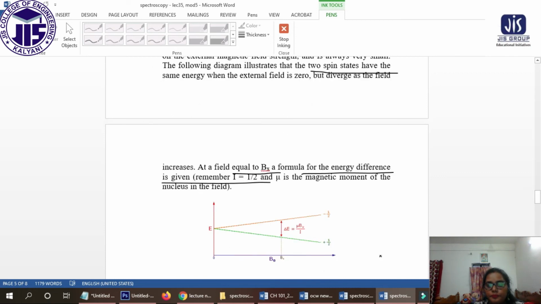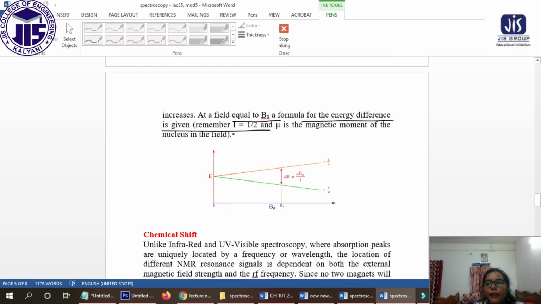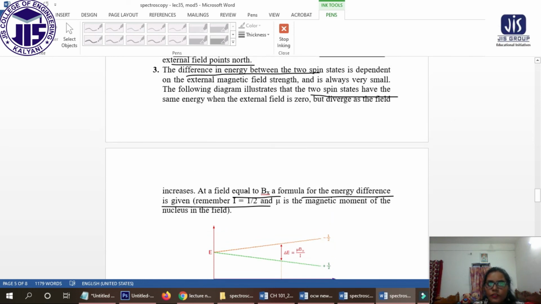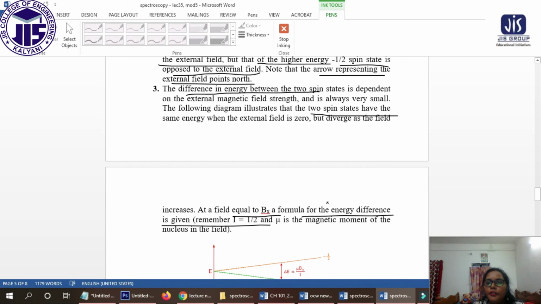Okay, so this is the diagram. About this diagram, if we follow it, the two spin states have the same energy when the external field is 0, but diverge as the field increases.